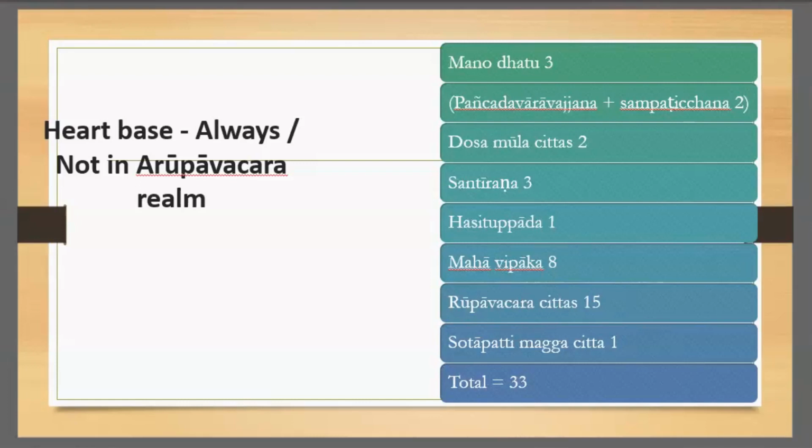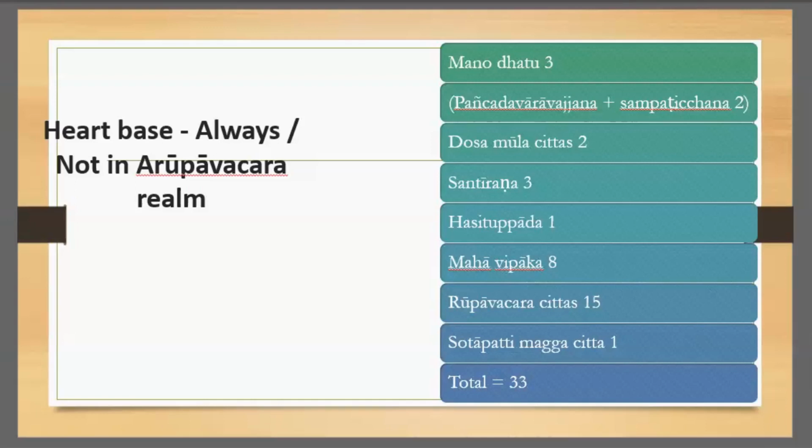Here the chittas that always arise based on heart base are chittas that never arise in arupavachara realm. Okay, let's try to find those chittas. Manodhatu. I think you can remember now Manodhatu. How many Manodhatu? There are 3 chittas. Panchadvara Vajjana Chitta and Sampatichana Chittas are called Manodhatu. So these 3 chittas always arise based on heart base. Those chittas do not arise in arupavachara realm.